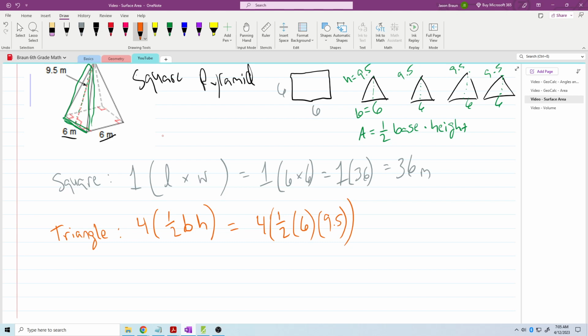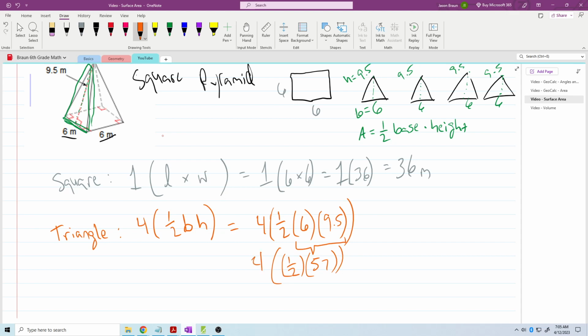Inside, we're saying 9.5 times 6. If you do the math on that, you will see that these two multiply to give you 57. You can't forget about that 1/2 still there, right? That 1/2 just means you're multiplying by 1/2, or dividing by 2.